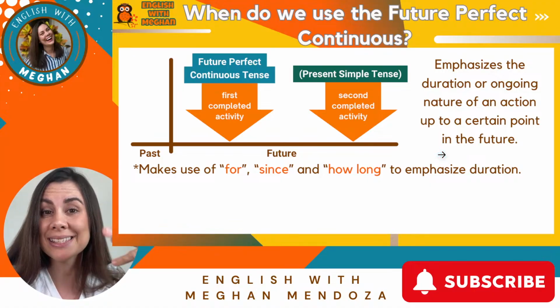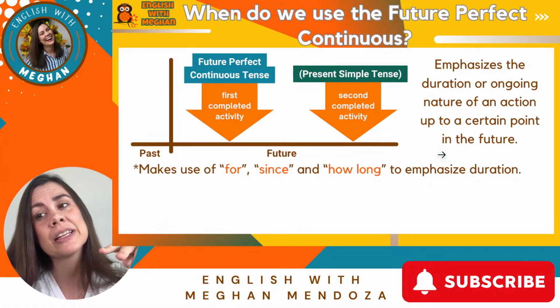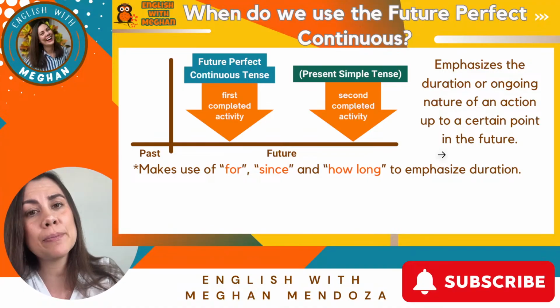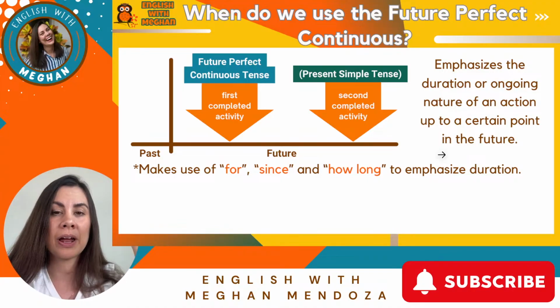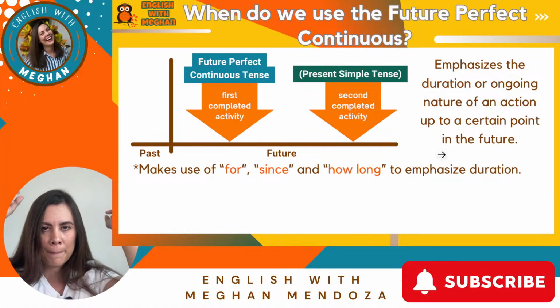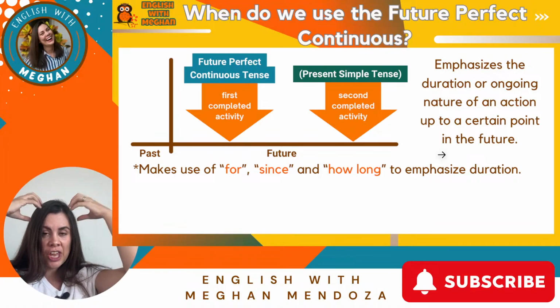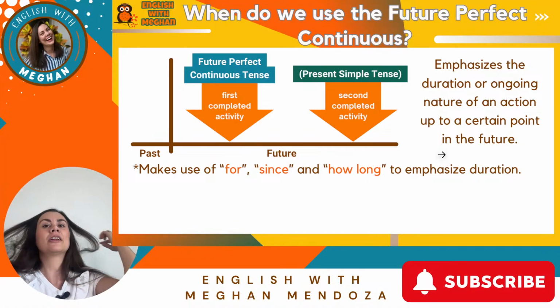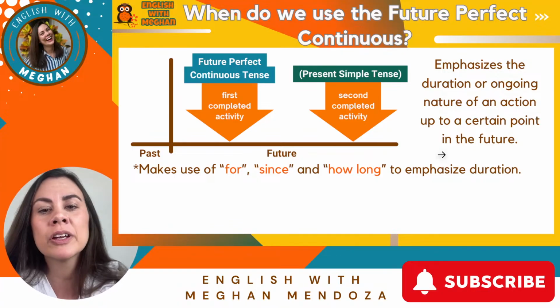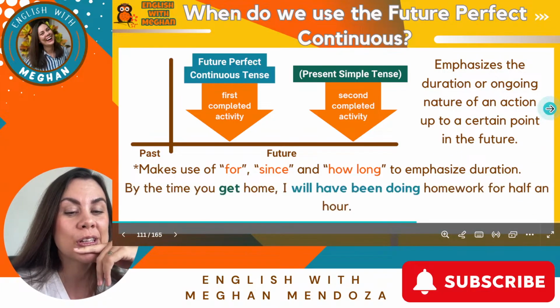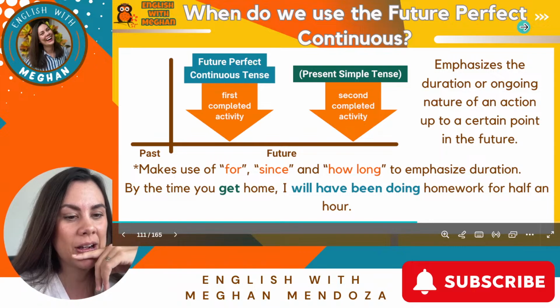Or since plus a start date, like since December 3rd, 2024, right? That should set off bells in your head, alarms saying, I need to use the perfect. Okay, that's important.